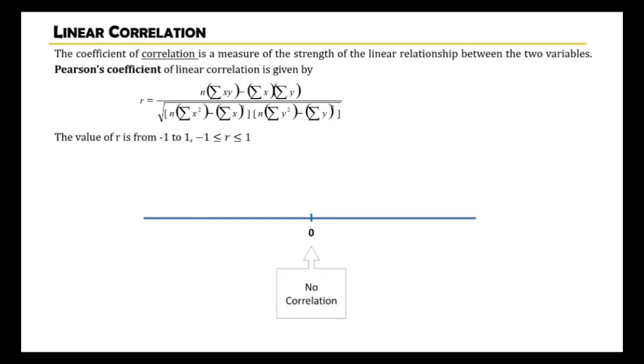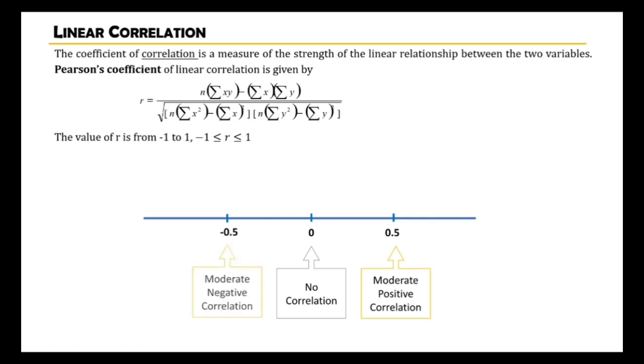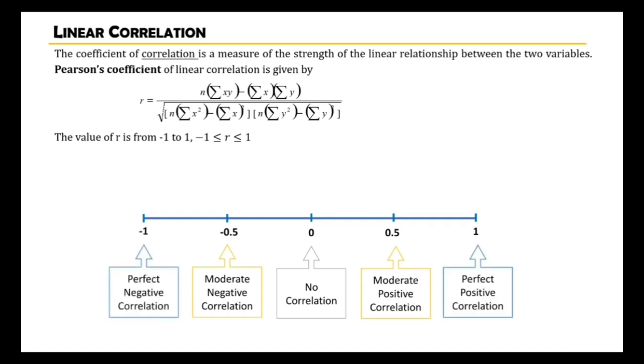When r equals 0, there is no correlation. When r equals 0.5, it is a moderate positive correlation, and -0.5 is a moderate negative correlation. When r equals 1, this is a perfect positive correlation. When r equals -1, this is a perfect negative correlation.